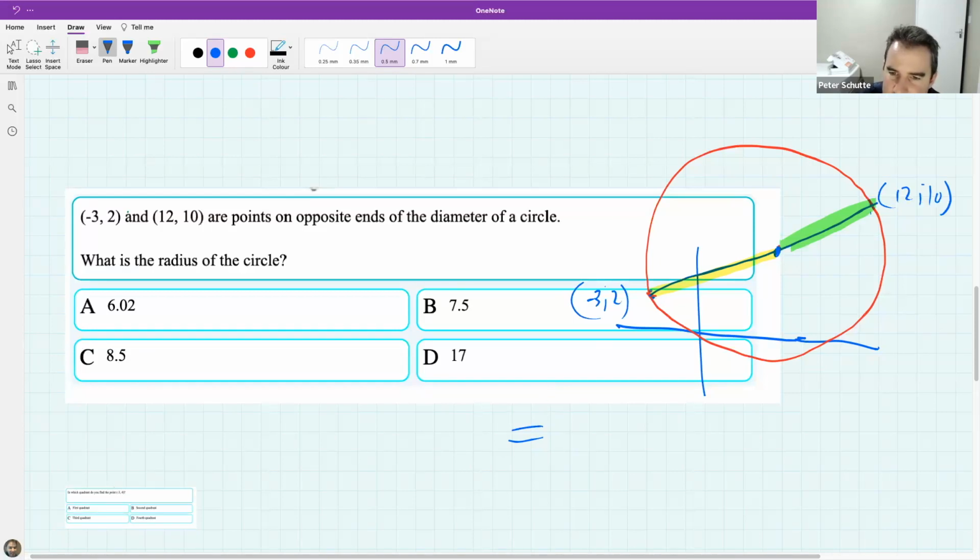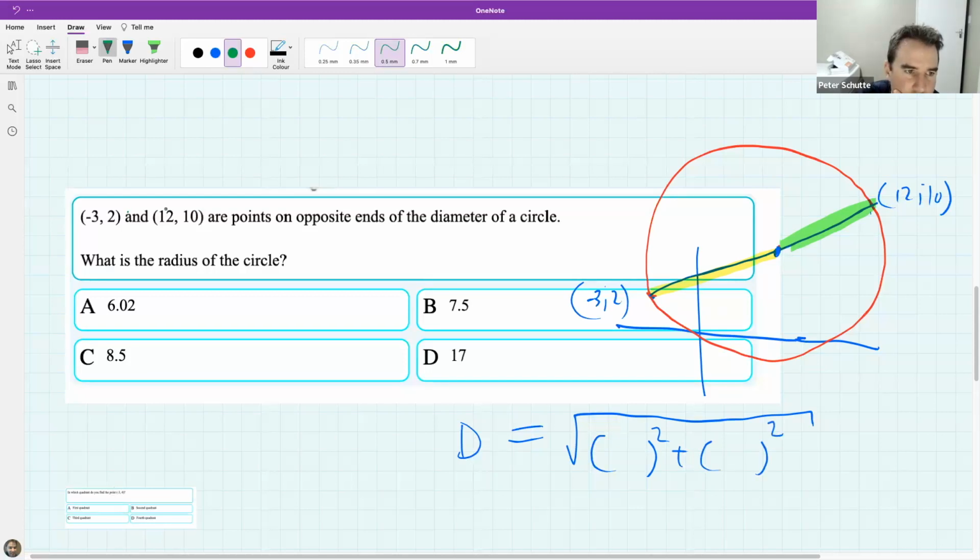I was thinking maybe I should just find the distance between the two. Yeah, Okonele agrees with me. So I get this part. And then what am I going to do? Well, I'm going to go 12 minus -3, so 15. And then I'm also going to go 10 minus 2.